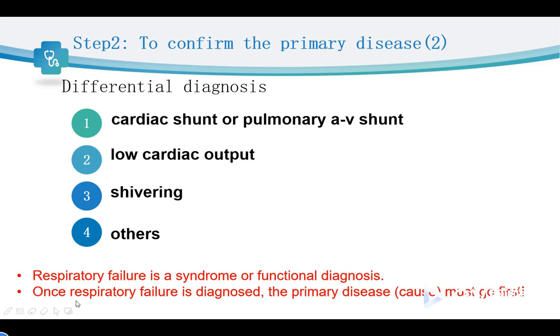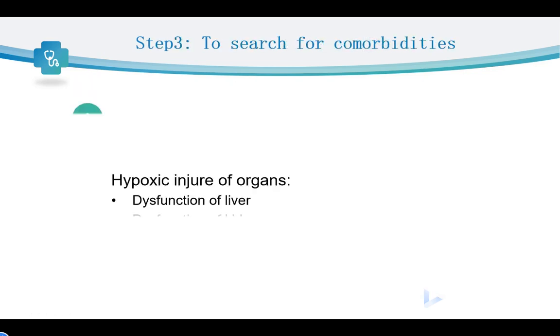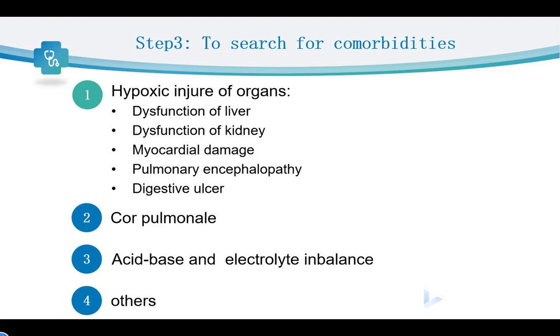So, once we diagnose a respiratory failure, the primary disease of the respiratory failure must go first. That's the step 2. And step 3, to search for the comorbidities, including the hypoxic injury of the organs, cor pulmonale caused by the acute or chronic respiratory failure, acid-base and electrolyte imbalance, and other comorbidities.